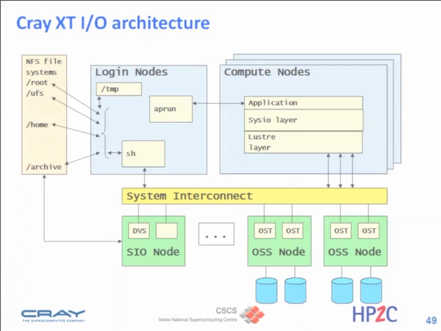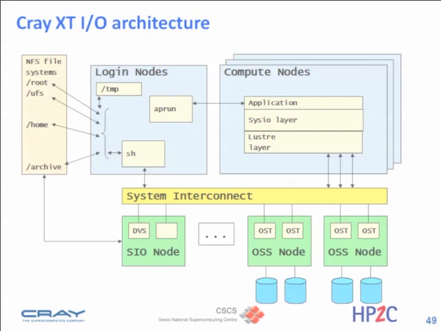There is a picture here. So you have the set of login nodes, the set of compute nodes, the system interconnect, and then you have the I/O nodes here, and the disks attached to these OSS nodes.